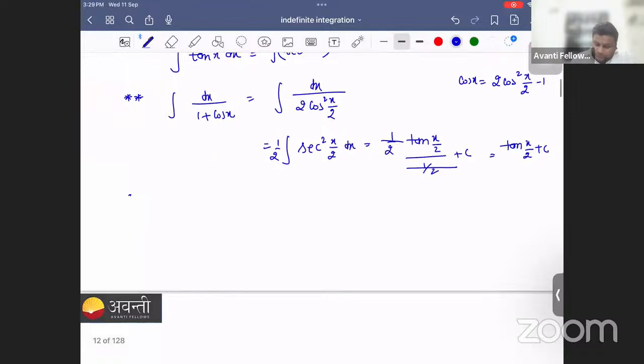Now, say we have a question, integration of 1 upon sine square x cos square x dx. Try it once. Very good question. How would you do it? Any idea, if anybody would like to speak up?